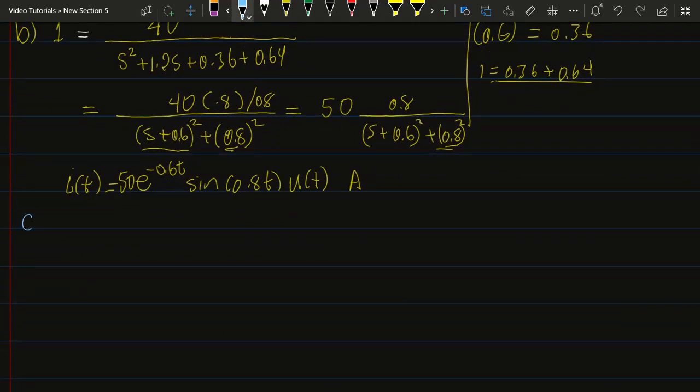So now for part C, simply capital V is equal to 40. 40 times 4 is 160, so this is equal to 160s, and then the numerator I have s square plus 1.2s plus 1.